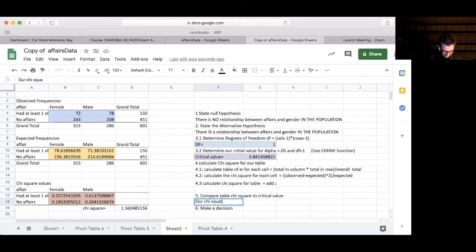Our chi-square stat is lower than the critical value, right? 1.56 is lower than 3.84.